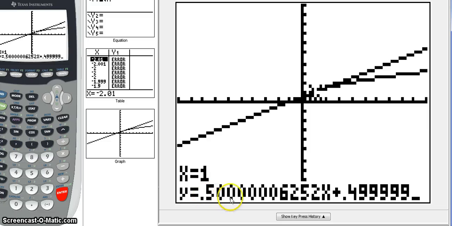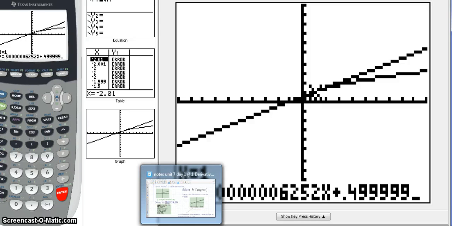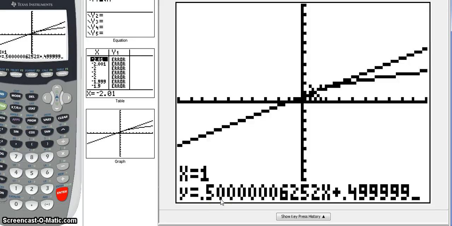So y equals 0.50000006252x plus 0.4999999, and so on. And so we can see that's what we would get for our tangent line. Notice that again, it's an approximation. This goes to the limitations of the calculator that I've mentioned many times before when we're finding zeros or vertices, that the calculation is using an approximation.